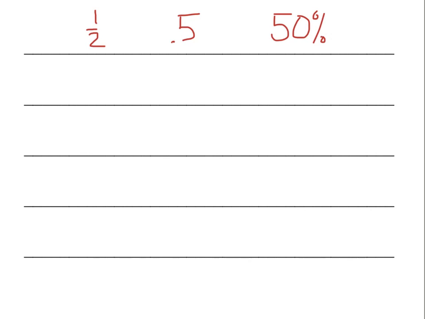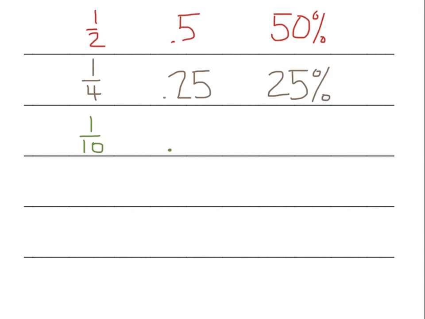Then we'll go to 1/4. I know we just did these, but we're going to put them in our chart anyway. 25 hundredths, which is 25%. And 1/10, which is easy because it's 0.1, and that would be 10%.